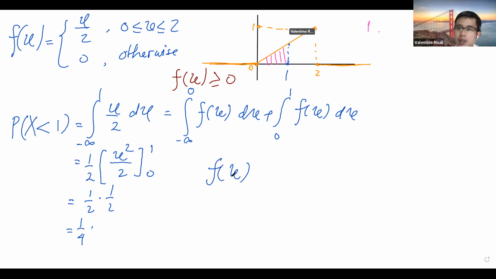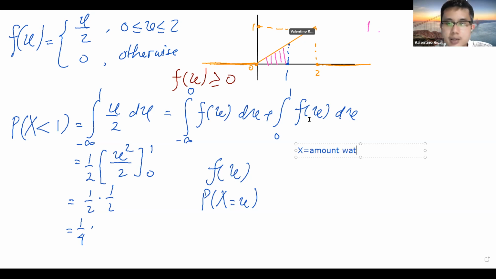In the continuous case, we cannot find the probability of x equal to a specific value directly, because in an uncountable set we cannot find the precise value. For example, if x denotes the amount of water, we cannot find the precise probability.